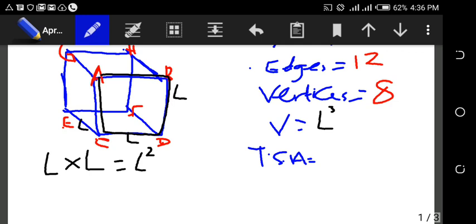So the area of each of the 6 faces is L squared. For the 6 faces, we simply multiply 6 times L squared, the area of one face, and that will give us 6L squared.